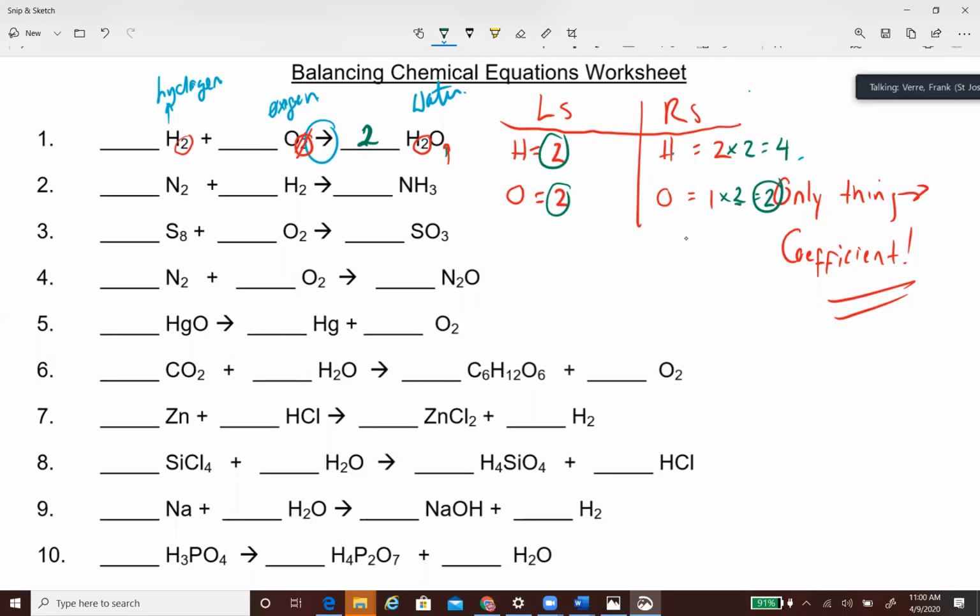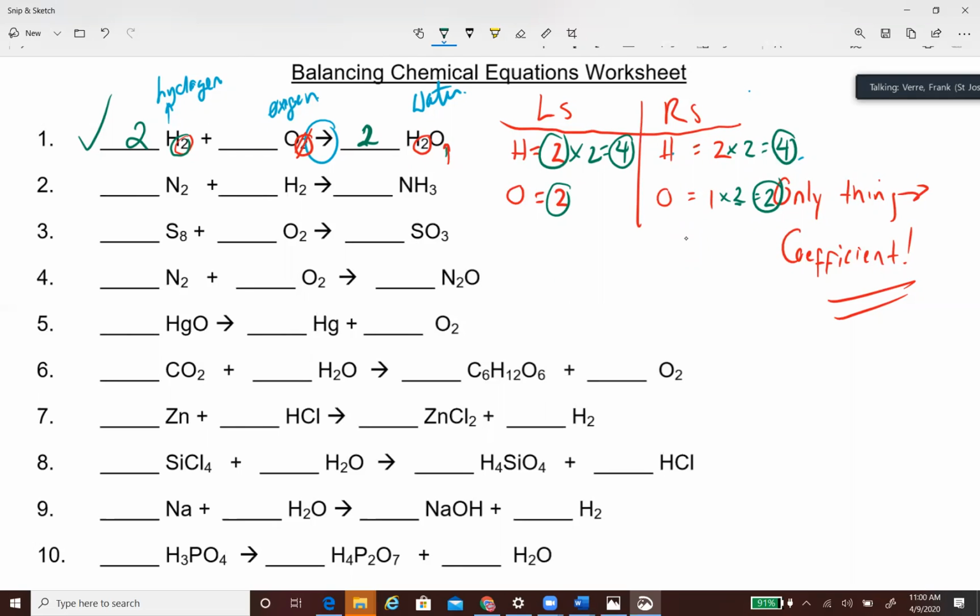So I'm going to go back to the hydrogen and say, well, there's 2 hydrogen here. If I put a 2 in front of it, that gives me 4. So now the hydrogen is balanced and the oxygen is balanced. This is completely balanced. Left side equals right side.